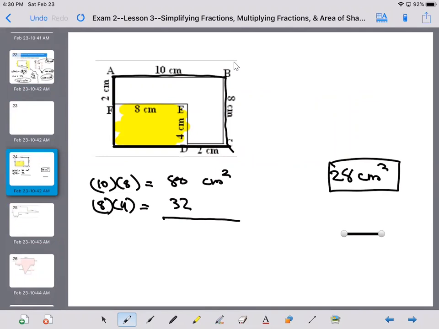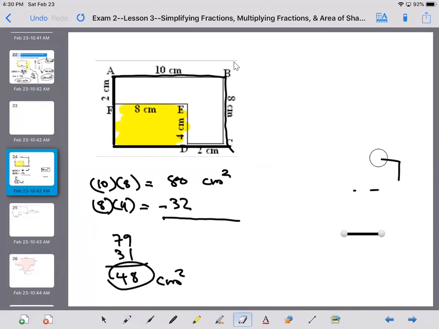And so once you subtract that, you should get 80 minus 32, so I should get 48 square centimeters. So that didn't match my other one, so I need to look at my other one. This length here was 10, that was 2, so that was going to be 20 square centimeters.